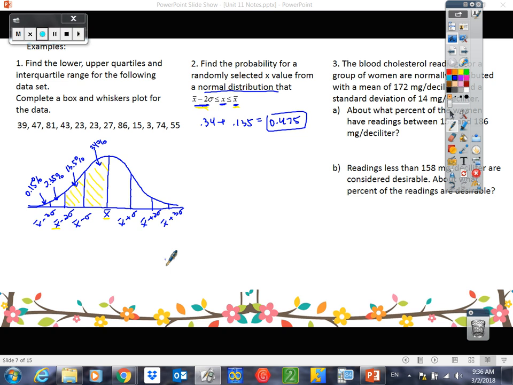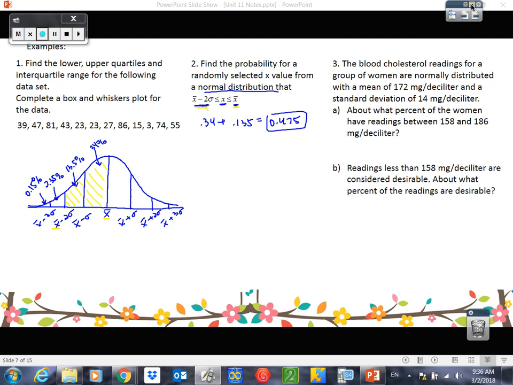Okay. Now let's look at another application using the normal distribution. Number 3 says the blood cholesterol readings for a group of women are normally distributed. Okay, there we go. That's our key word. That tells us we're using the normal distribution of the bell curve. With a mean of 172 milligrams per deciliter.